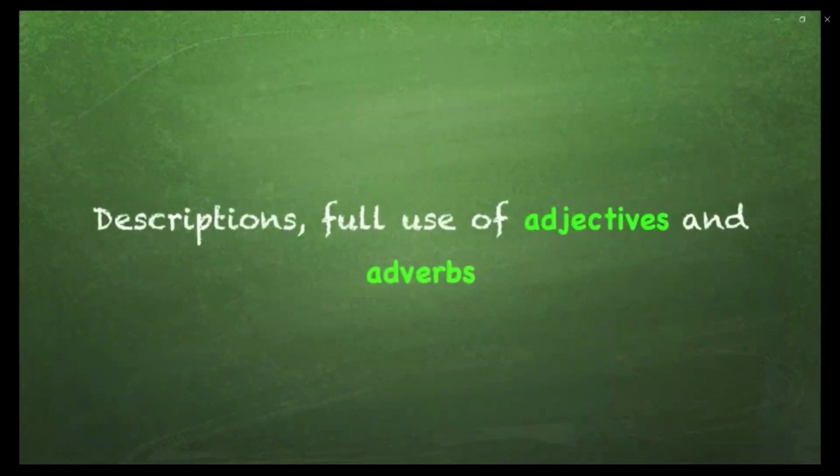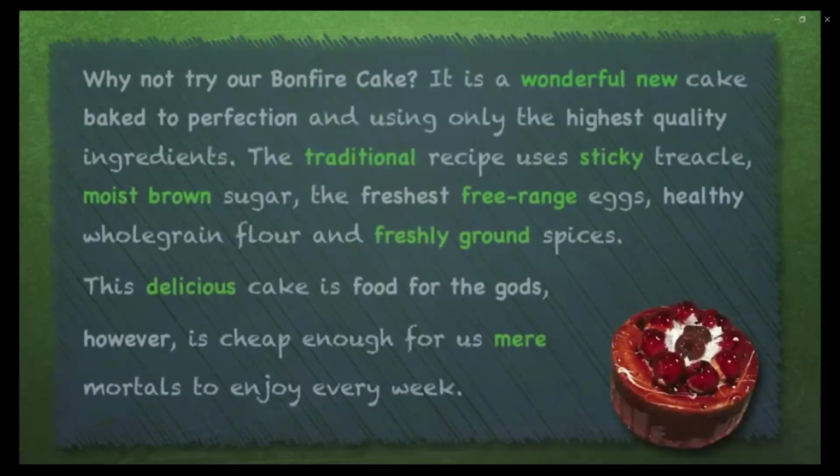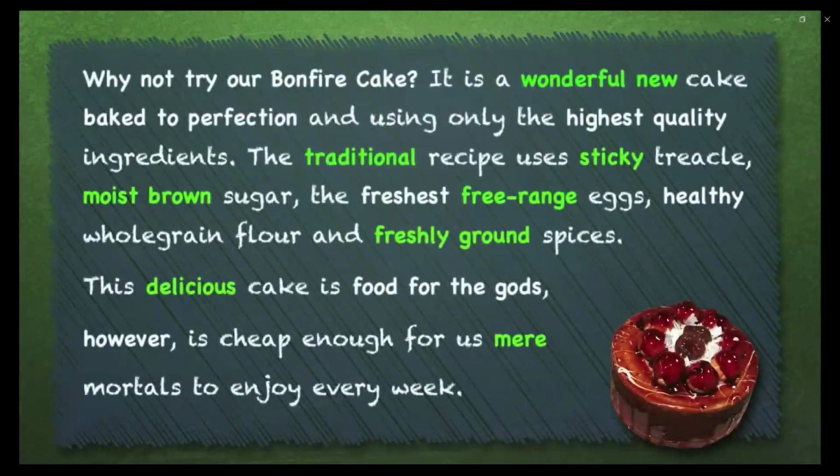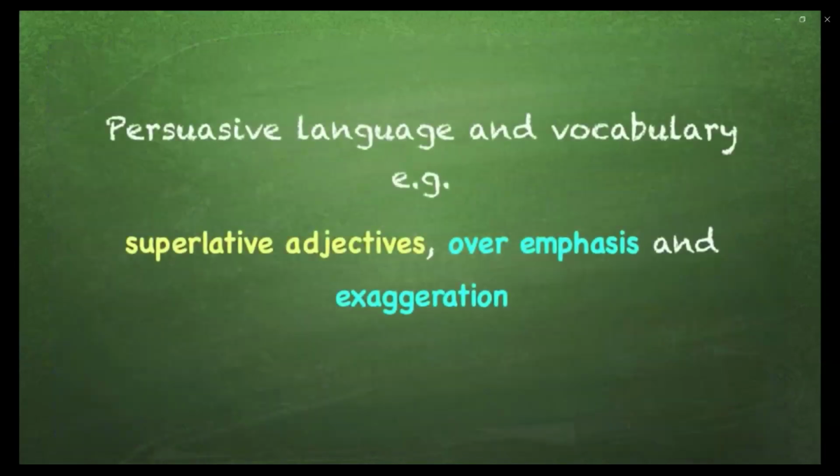Descriptions, full use of adjectives and adverbs. Wonderful, new, traditional, sticky, moist, brown, free range, freshly ground, delicious, mere. Persuasive language and vocabulary, for example, superlative adjectives, overemphasis and exaggeration.